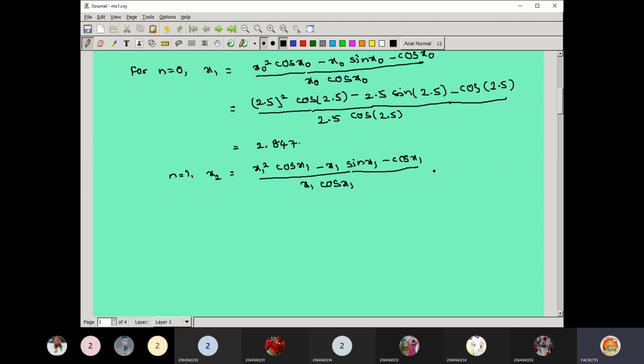There you directly substitute your x1 value, which is 2.847.